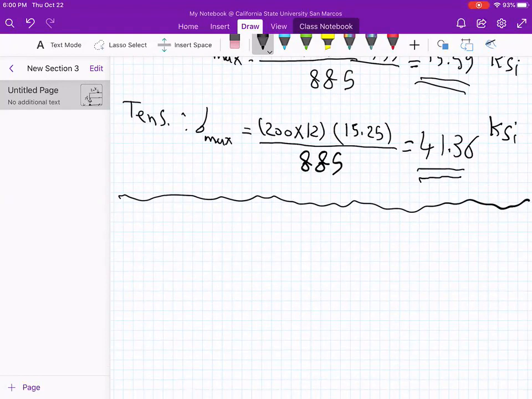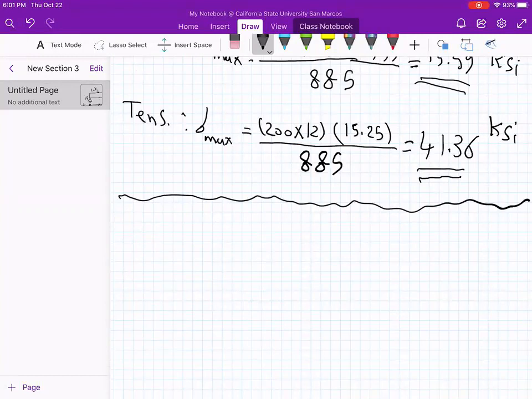Another interesting topic is what happens if the cross section is a composite one, including both steel and wood. It is in many members, especially in civil engineering, where concrete and steel are combined.